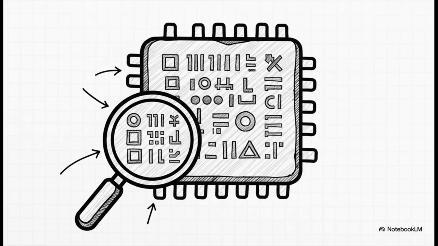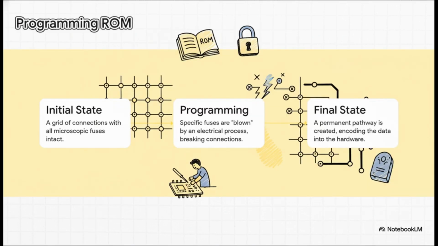So how does it hold onto information so permanently? Well, ROM isn't just a storage container. The information isn't just saved there, it's physically built into the hardware itself. You can think of it like the information has been set in stone, or, more accurately, in silicon. Here's kind of how it works. Picture a grid where every connection has a tiny microscopic fuse.